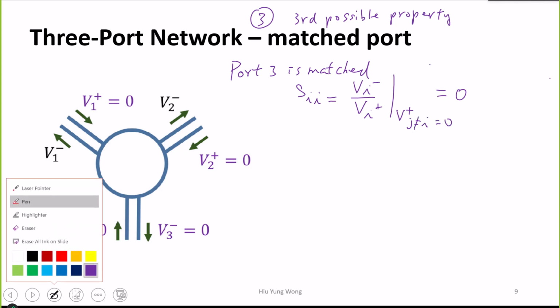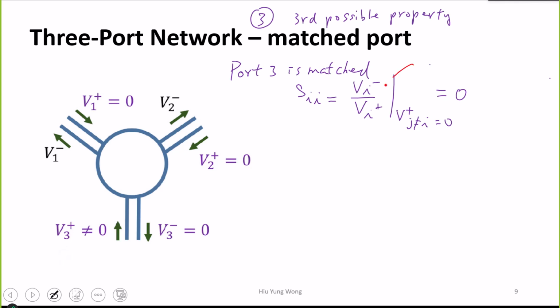So basically it's saying that the reflected wave is 0, and the other ports have no input. This is like the case here.